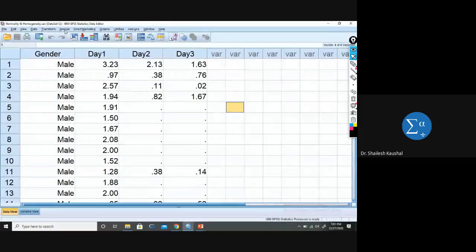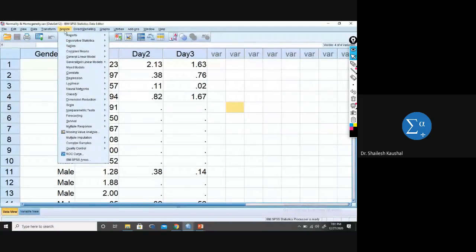So how to check the normality? Analyze, descriptive statistics, and explore.